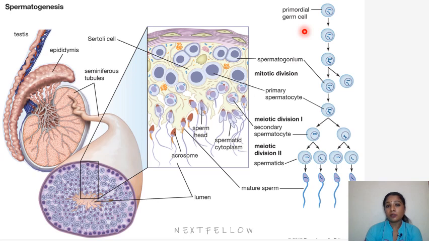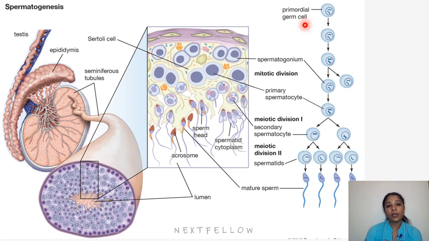The primary spermatocyte divides meiotically. Now meiosis starts. Meiosis, we know, is in two phases, meiosis 1 and meiosis 2. Meiosis 1 is the critical stage because the reduction of chromosomes happens. The diploid number of chromosomes becomes haploid in meiosis 1.